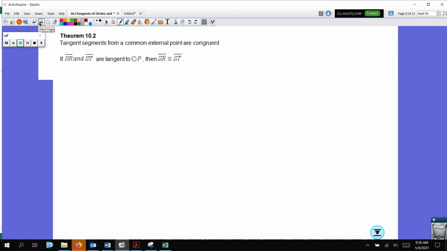Now, Theorem 10.2, tangent segments from a common external point are congruent. All right, so let's say we're going to start with our circle P. And then it says SR and ST are tangent, okay?